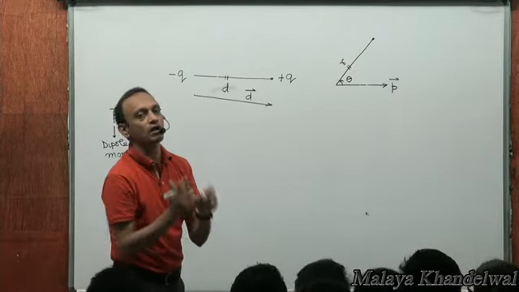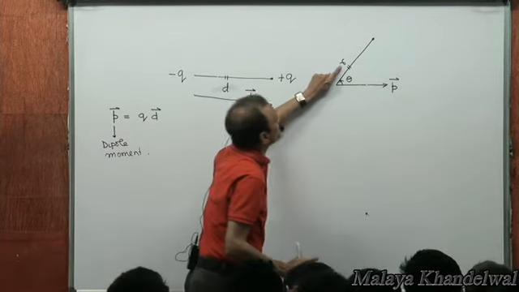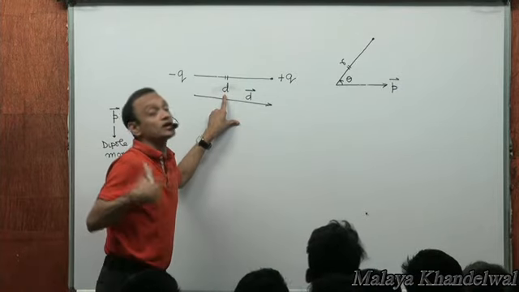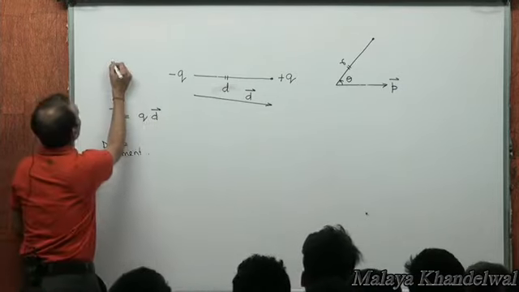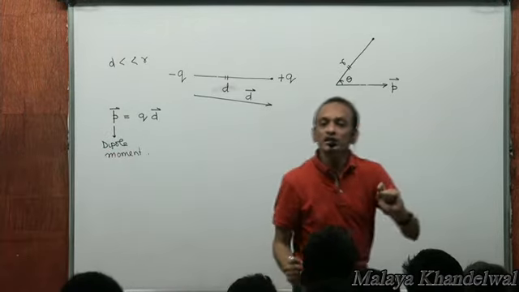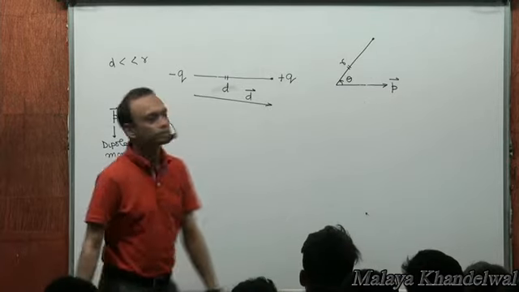We assumed that r was always much larger compared to D, that means D was much smaller compared to r. Only such points were investigated.